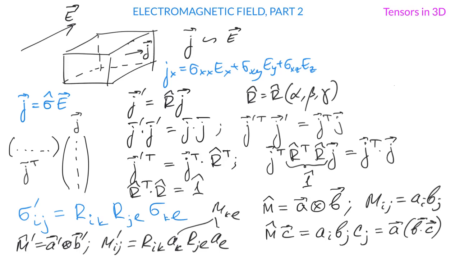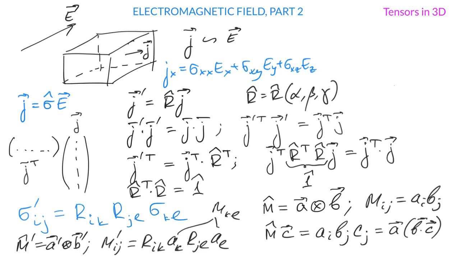So to find the transformation law for the tensor, we need to apply the rotation matrix R to each index of the tensor. If the tensor is higher than second rank, so if it has more than two indices, then there's an extra matrix R for each index.